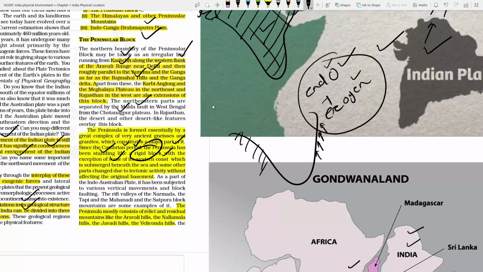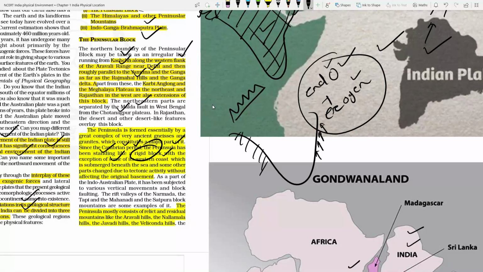ठीक है ना. And in the peninsular part we can find certain mountains and hills which are too old. Somewhere we can call it relict or residual mountains also, because those are quite old, like the Aravalli hills. It is very much older.